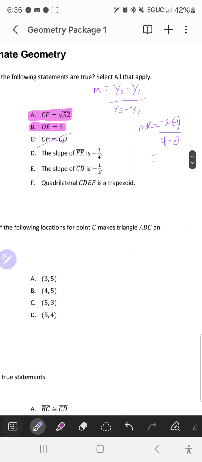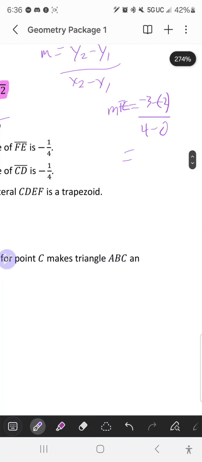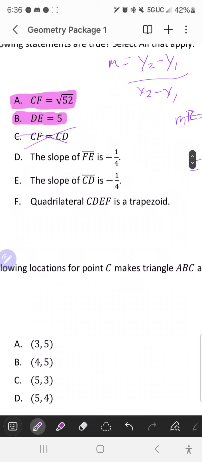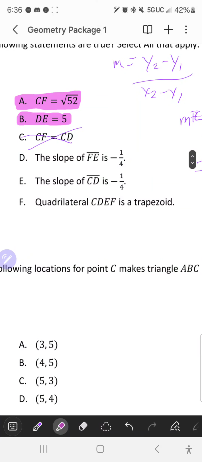So this is equal to minus minus positive, so -3 plus 2. They have different signs, so we just subtract them, and 3 minus 2 is 1. But since the 3 has a negative sign, the result is going to be negative 1, and 4 minus 0 is just 4. So yes, the slope of FE is indeed -1 over 4, so this is true.